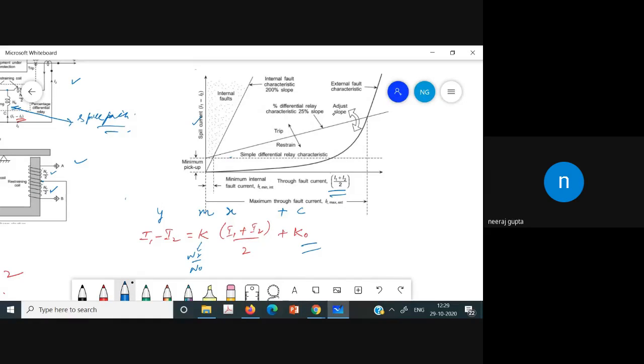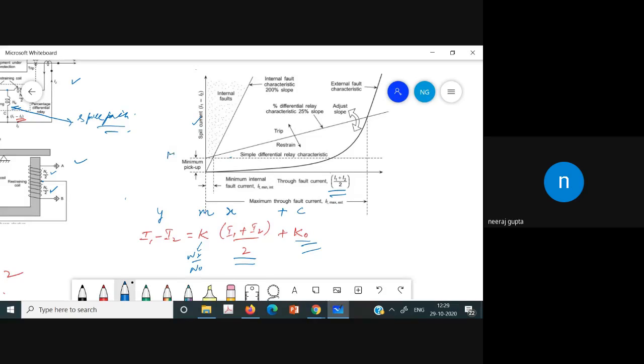So the simple differential relay characteristic is a straight line. These are the new characteristics of the relay that come into the picture because of this differential scheme, because of y equals mx plus c. This is a straight line with a slope of NR divided by N naught and an intercept of K naught.